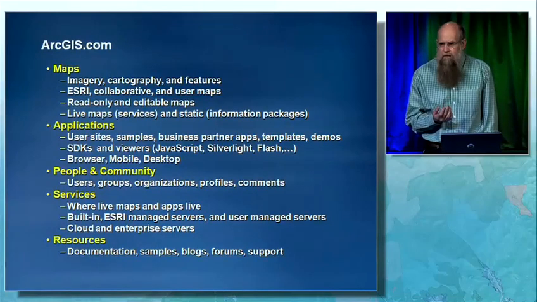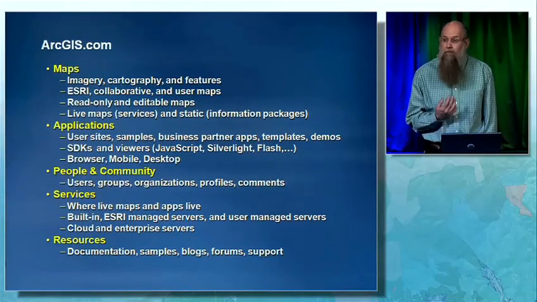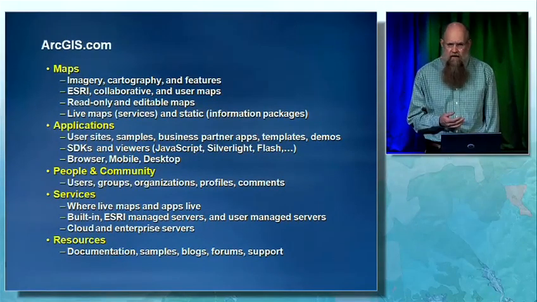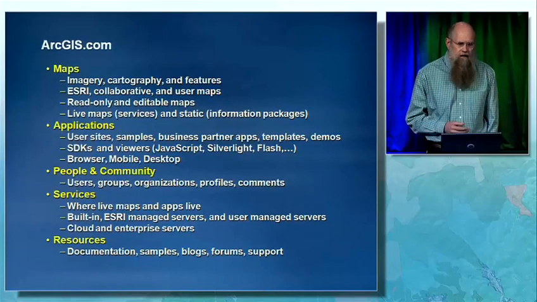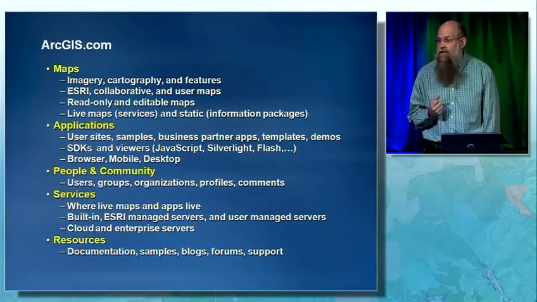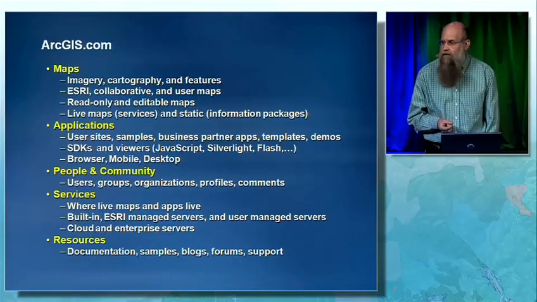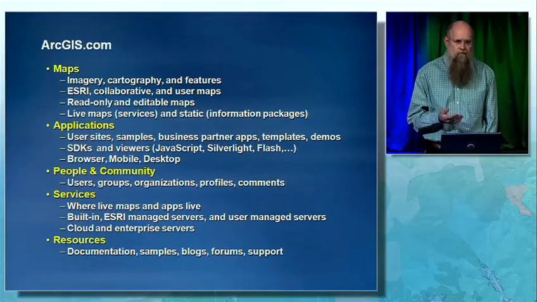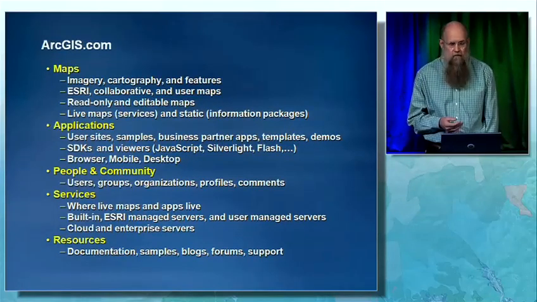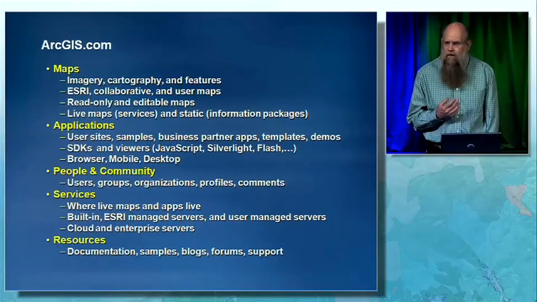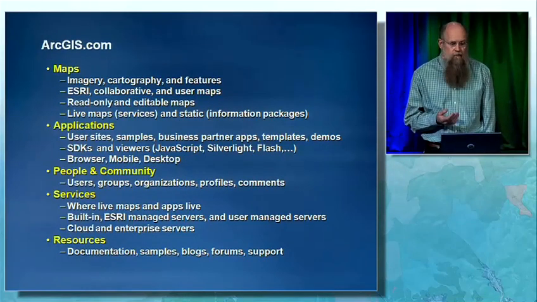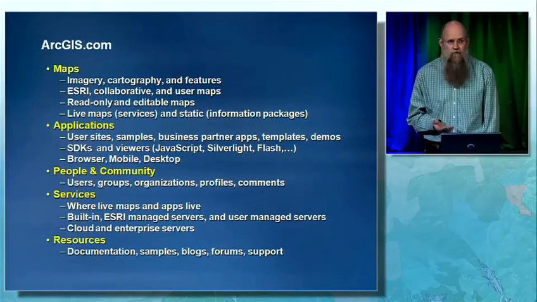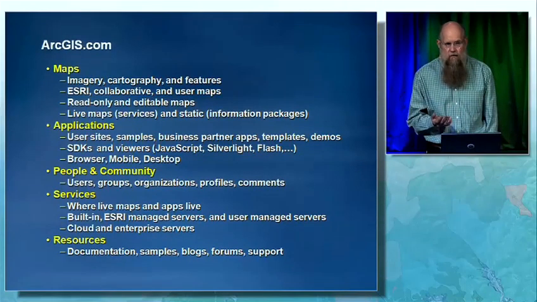It's really pretty simple. It's about working with maps and geographic information. By maps, we mean more than just simple paper cartographic maps. That includes imagery. It includes cartography at multiple scales. It includes the features and pixels that are used to create the maps. Maps and geographic information includes information that ESRI compiles and organizes.